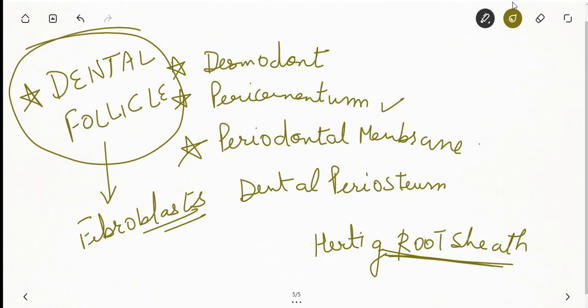So the dental follicle cells that are located between the alveolar bone and the epithelial root sheath are composed of two components. One is the mesenchymal cells of the dental follicle proper, and the other is the proliferative mesenchyme.